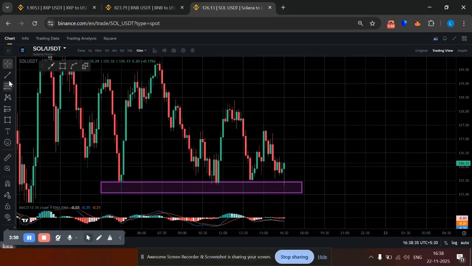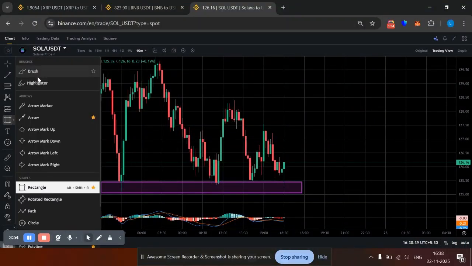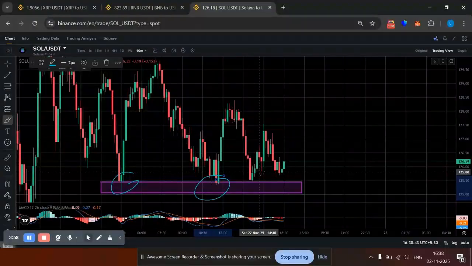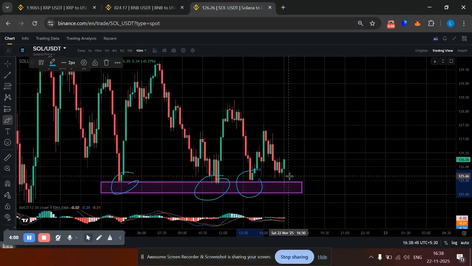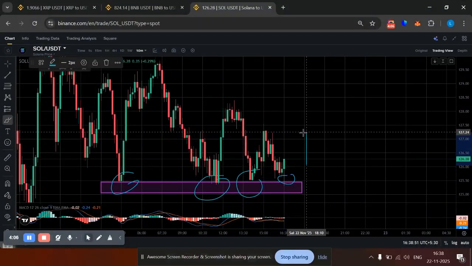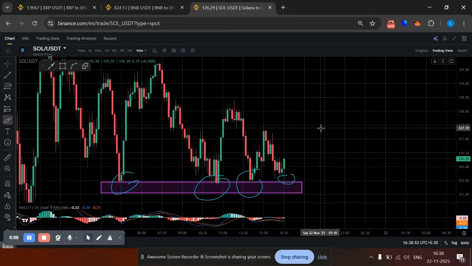Look at that. I'll show you. It has been retested one time here, one time here, one time here, and one more time with this. Now this is going to probably go up to a certain level, which is known as the resistance, and come down.